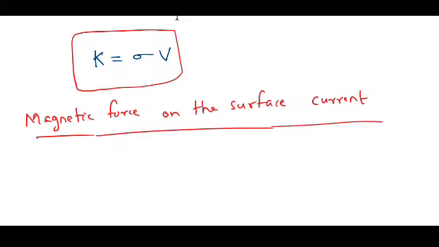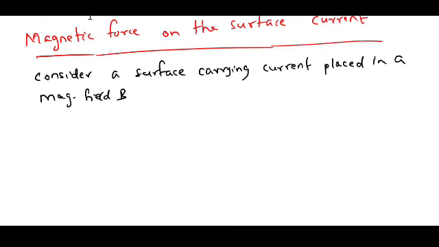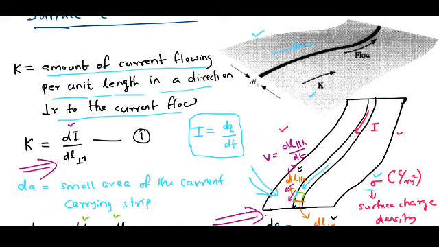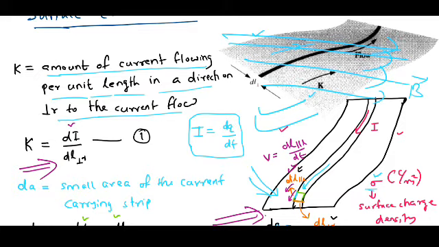Here we consider a surface carrying current placed in a magnetic field B. Assume that this sheet is kept in a magnetic field B. What is the force on this surface current K by this magnetic field B? That is the next discussion.